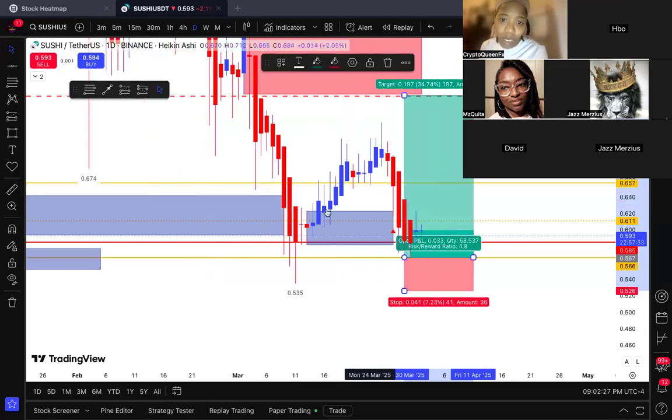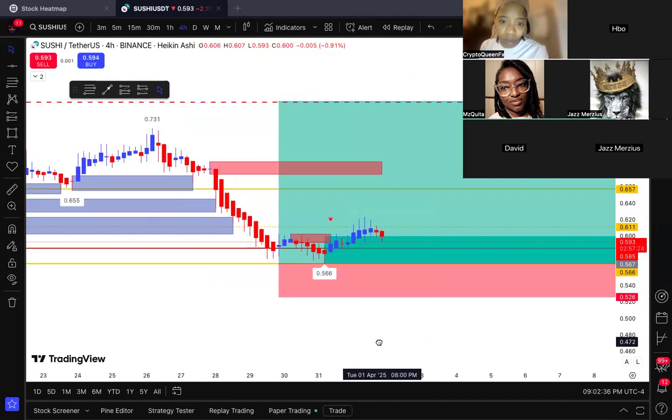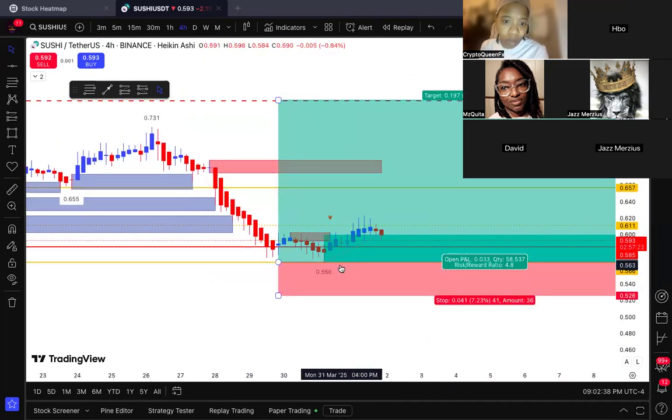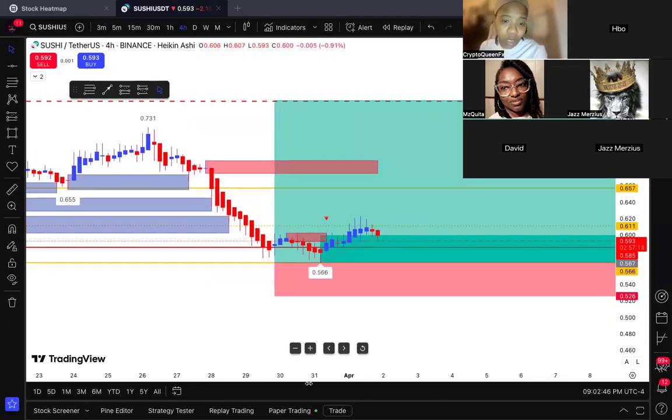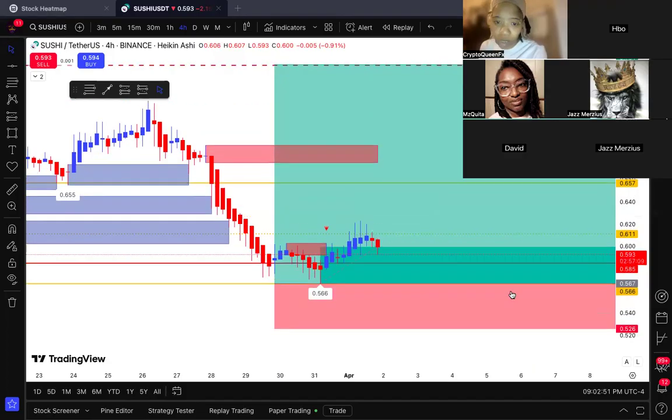It's coming out of these order blocks. This is a strong order block. That's what it's rejecting at. When it comes back and retests that, that's your confirmation. So 566 would be your entry.